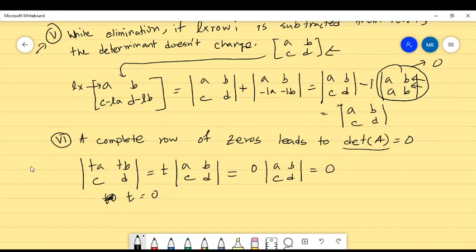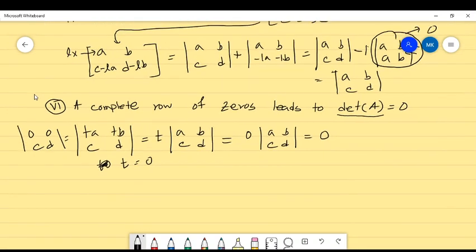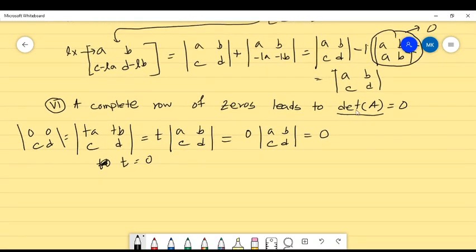So put the values of T here. 0 0 C D. So this might not be a very suitable example, but you get the idea that if you have a complete row of zeros in any part of the matrix, that leads to the determinant of the matrix being 0. Right.